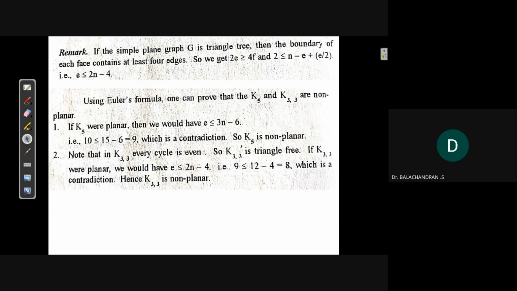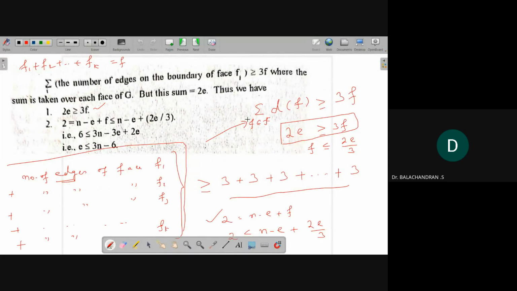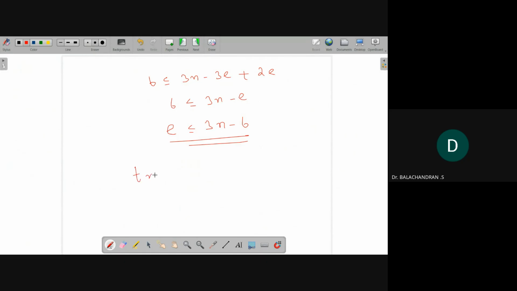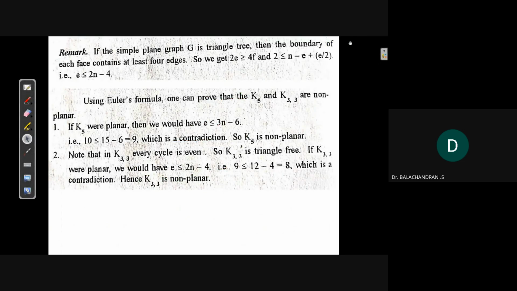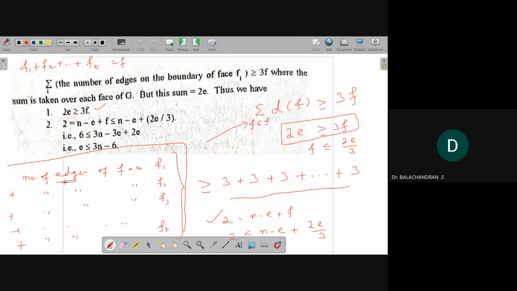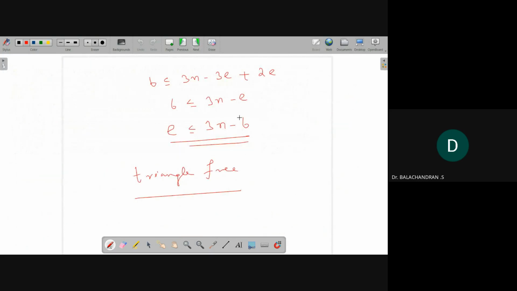The slide has a typo: it is a triangle free graph, not a tree. So each face has a minimum of 4 edges, and the sum of the degrees of the faces should be greater than or equal to 4F instead of 3F.